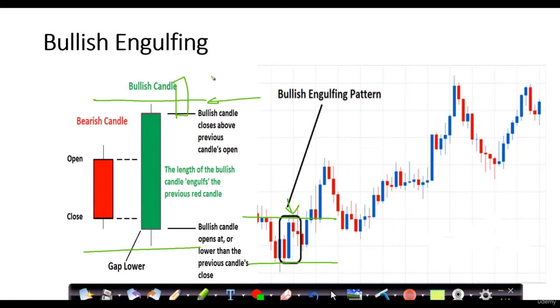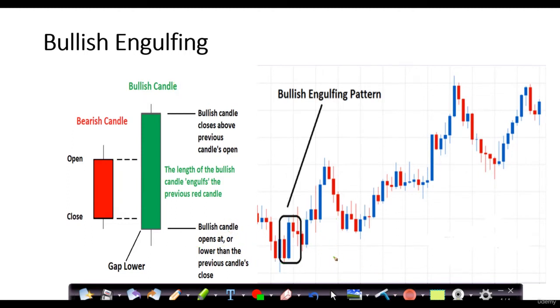What I mean is, enter at the high level of this bullish candle and place the stop loss at the low level, so that your stop loss will not easily get hit. If your stop loss is hit, that means the market is not able to recover or continue its bullish run, and the market will start falling again.